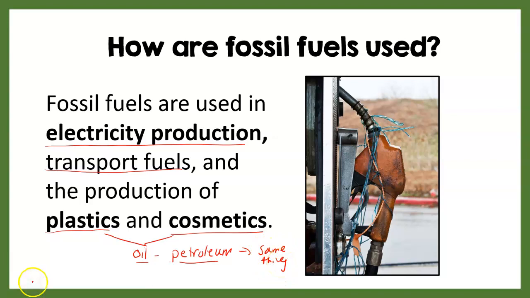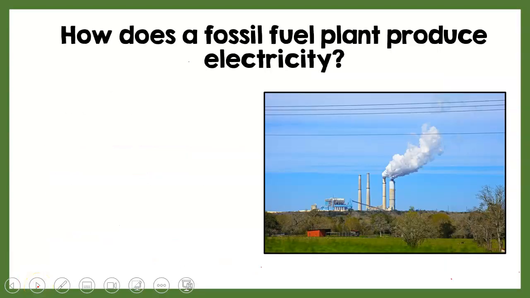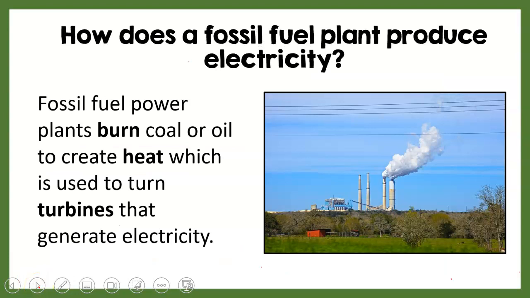Okay? So, how does a fossil fuel plant produce electricity? Basically, we burn coal or oil, which creates heat. We do that with natural gas too, which creates heat, which is used to turn a turbine, which basically, think of it as like a giant wheel. And that wheel is used to generate electricity.